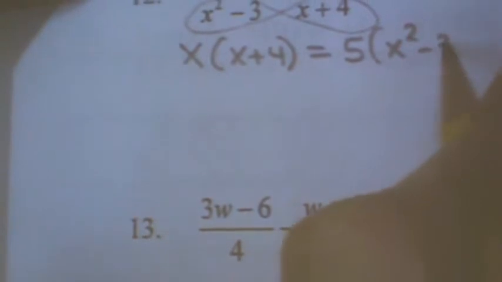So what do you think you could do here? Cross multiply. You could multiply these two, which is x times x plus 4, and multiply 5 times x squared minus 3. So tell me what you get. x squared plus 4x equals 5x squared minus 15.